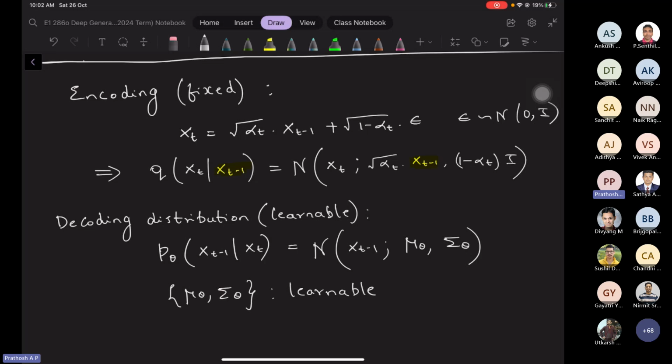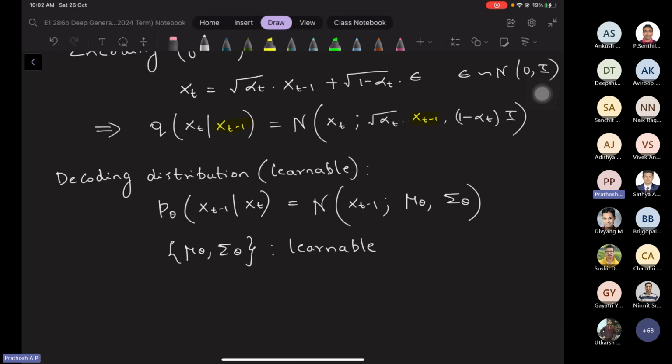That is what we are going to do. Now, how do we do it? We learn that through the same thing, ELBO optimization. We'll do the exact same ELBO optimization and learn this. That's all. The rest is algebra.